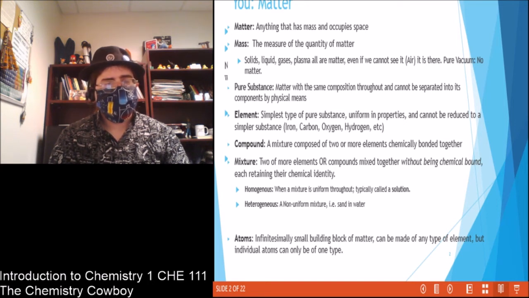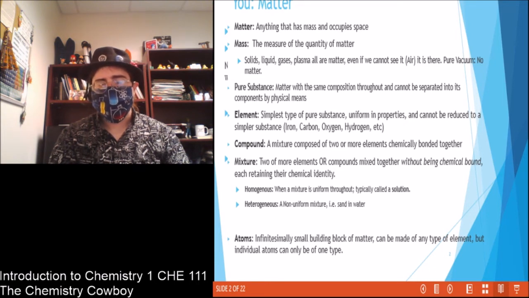So there's lots of things. If you mix sugar into your Kool-Aid and stir it up real well, it's uniformly mixed. Your Kool-Aid is going to taste the same all the way through. If you don't stir in the sugar, you get a big clump of sugar at the bottom, and you have a heterogeneous mixture.